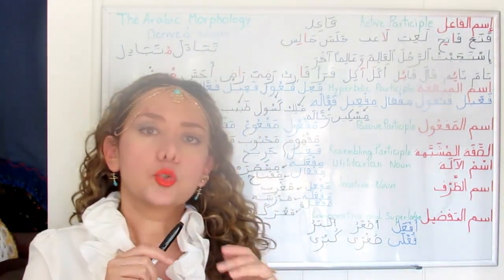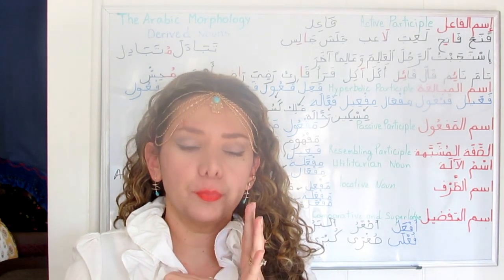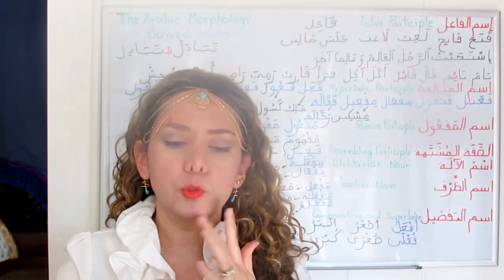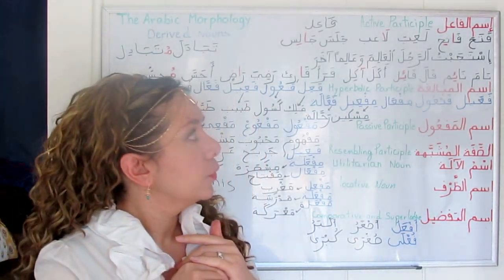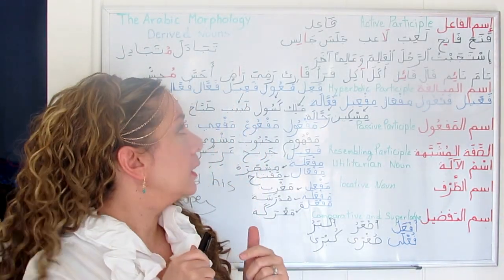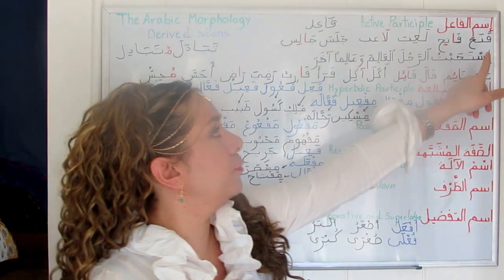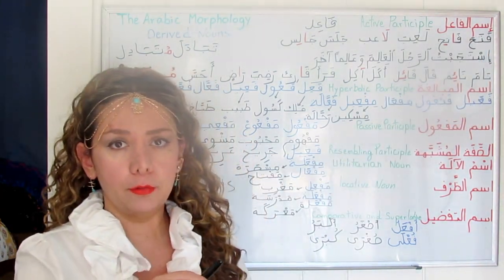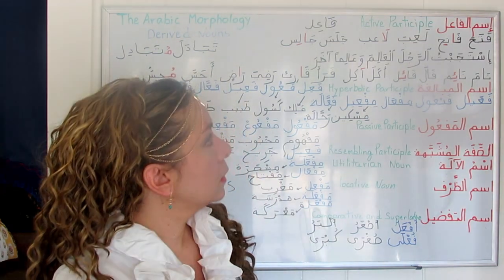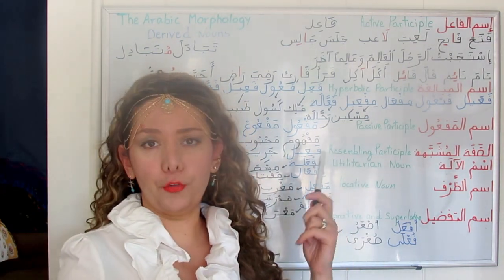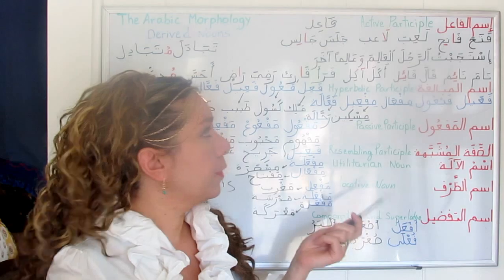And to form the active participle, you have to check the number of letters in the word. For example, فتح, it's to open. It's made up of 3 letters.